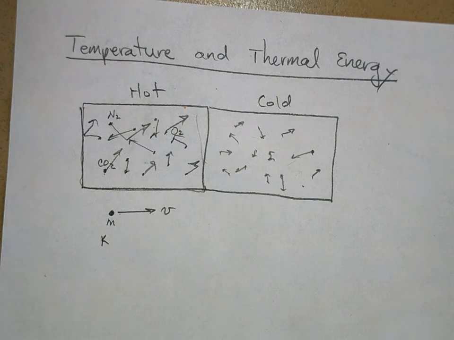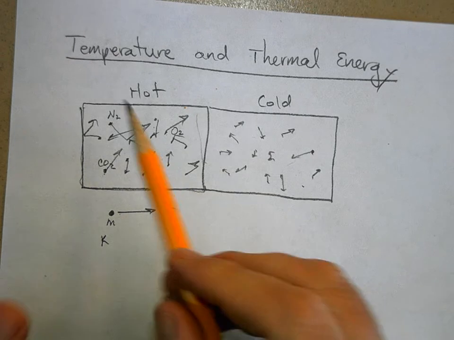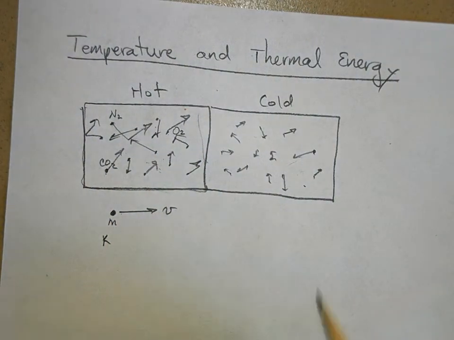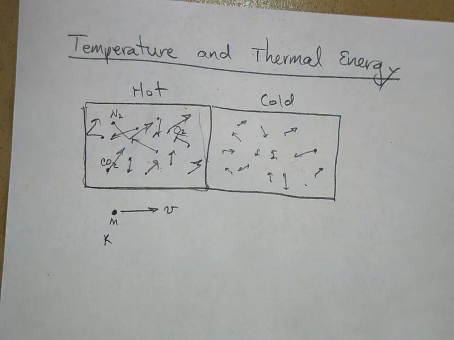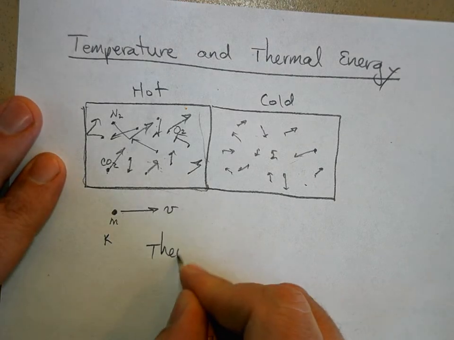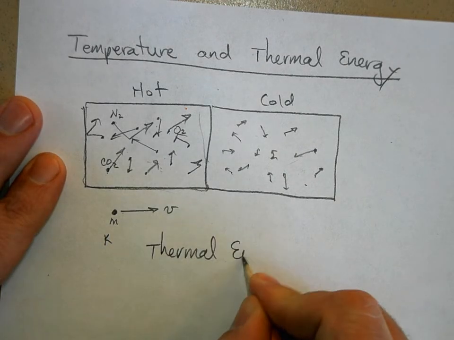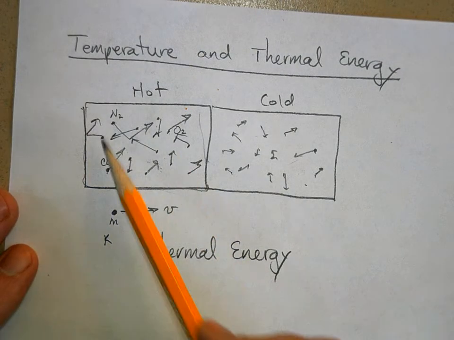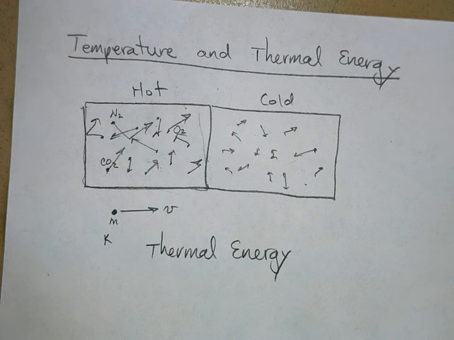That's how much work something can do. I mean, energy. These molecules contain more energy per molecule than these do. And so we have a name for how much energy something has because it's hot or cool. And that's called thermal energy. It's the energy associated with the motion of the molecules.